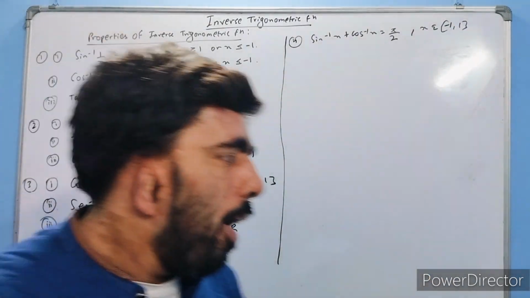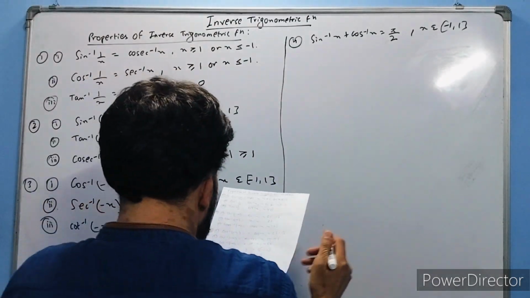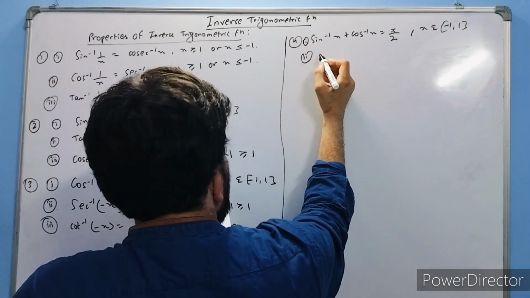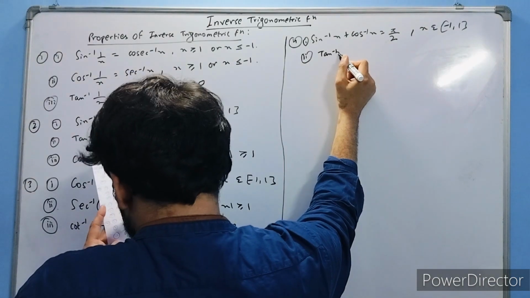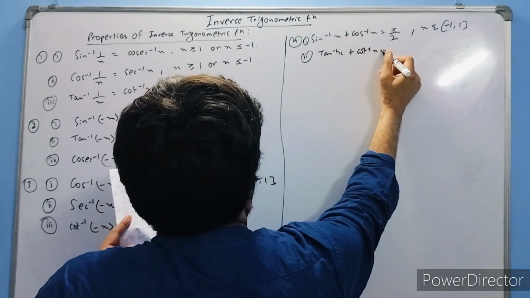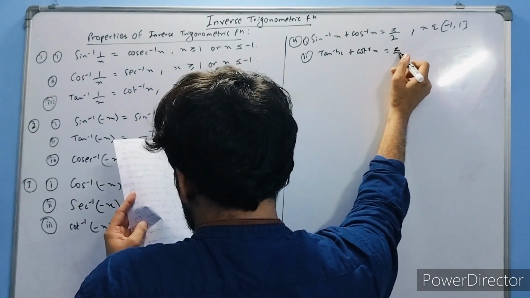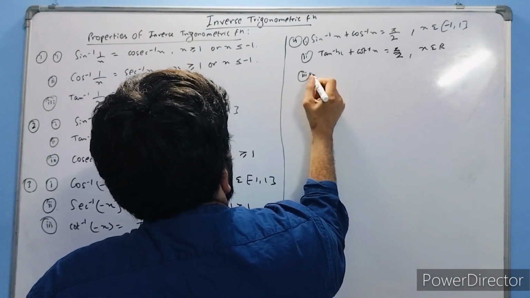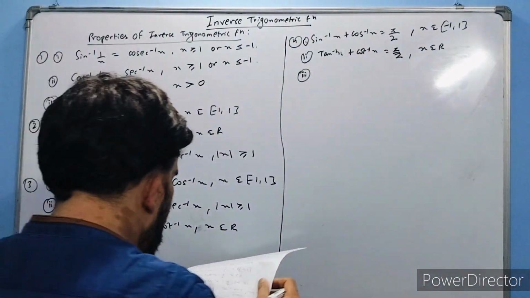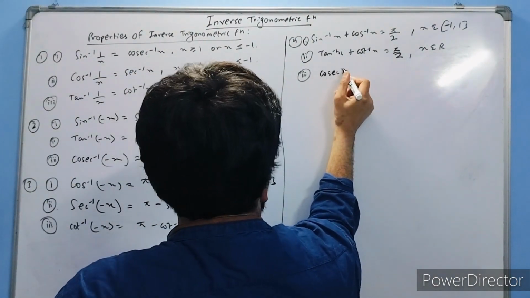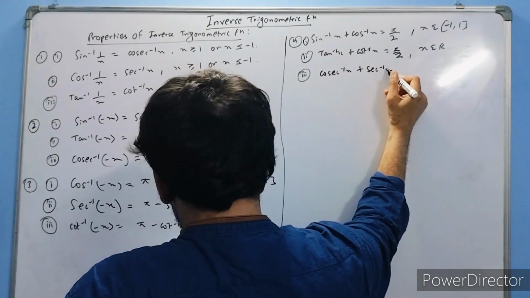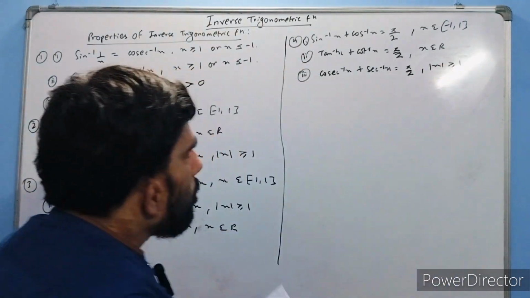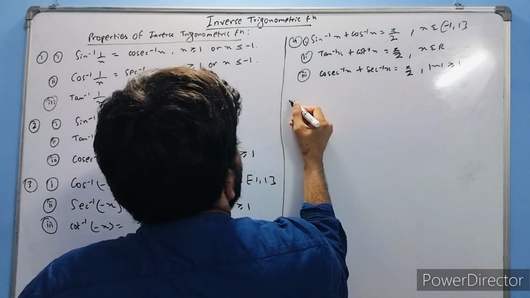Next, the second part: tan inverse x plus cot inverse x is equal to pi upon 2, where x belongs to R. The third part: cosec inverse x plus sec inverse x is equal to pi upon 2, where modulus x is greater than or equal to 1. We have these properties which will be applied in the numericals.